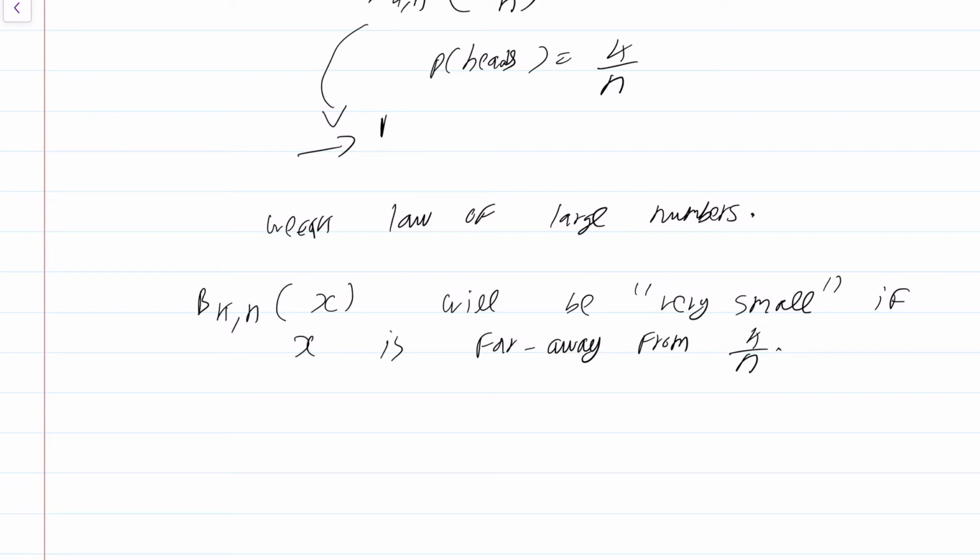Okay, so what this is saying is, we saw previously that b k comma n of k by n converges to 1 as n tends to infinity. On the other hand, b k n of x will be very small if x is far away from k by n. Let me put this "far away" in quotes.